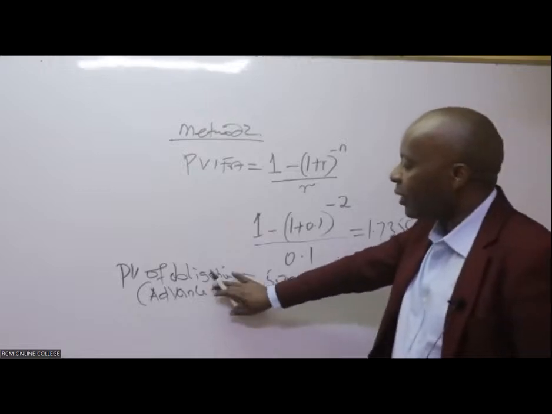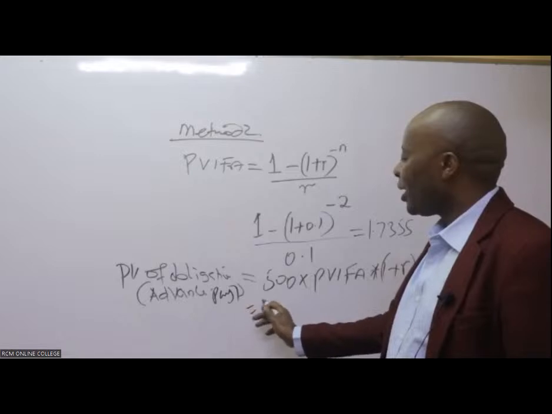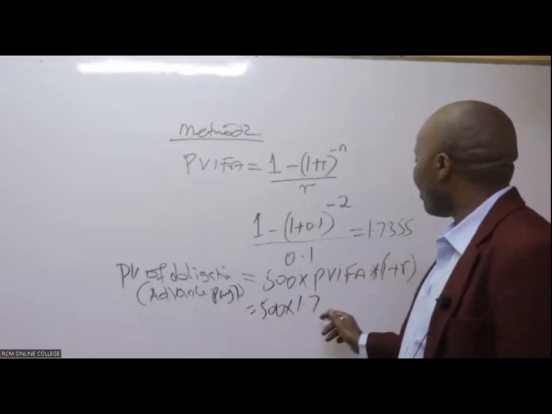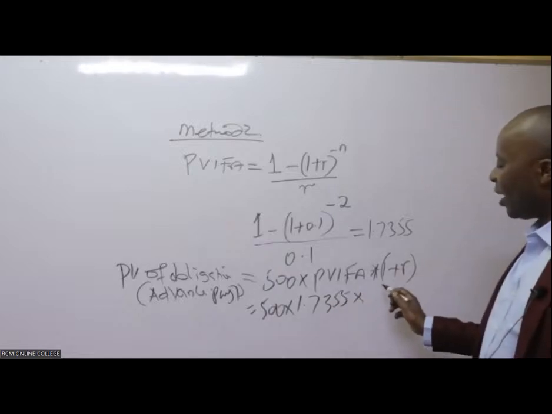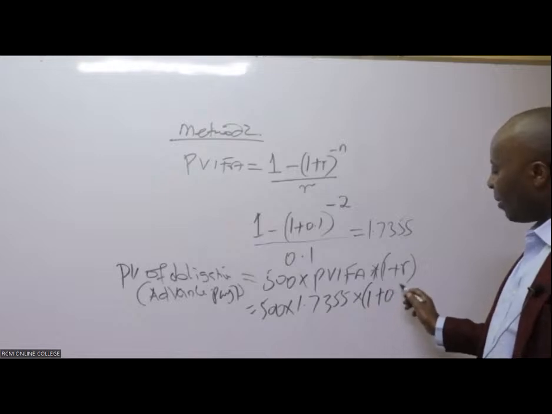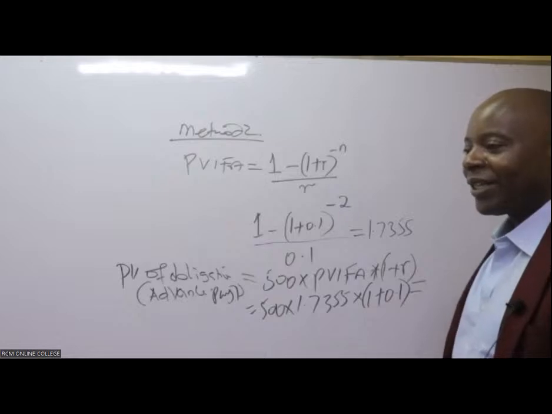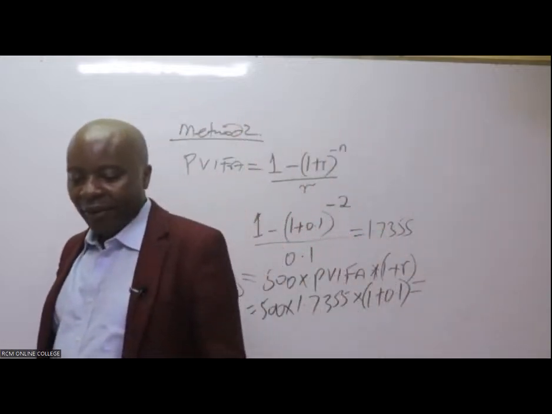So in this case here, we shall talk of 500 multiplied by this PVFA, which is 1.7355, multiplied by 1 plus R. So abracadabra, there is something I want us to derive. Shall we be able to get the same answer like the one we got of 954 point something?